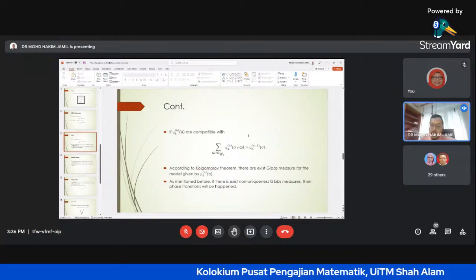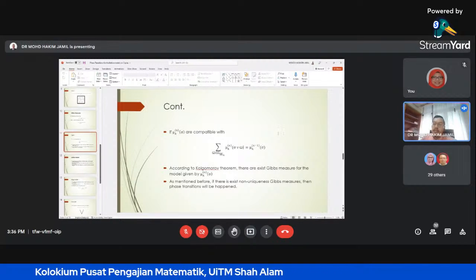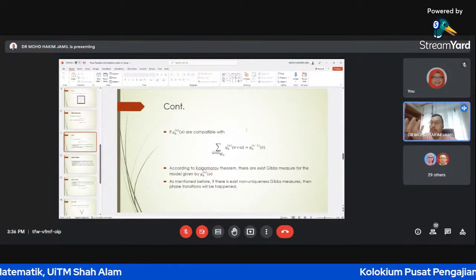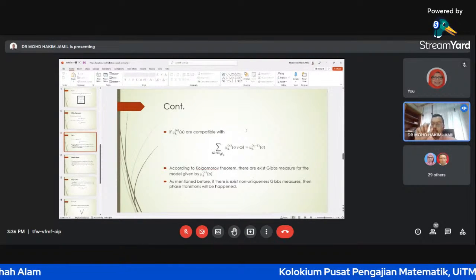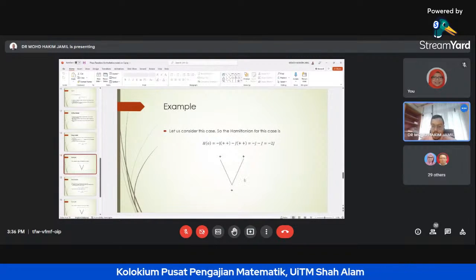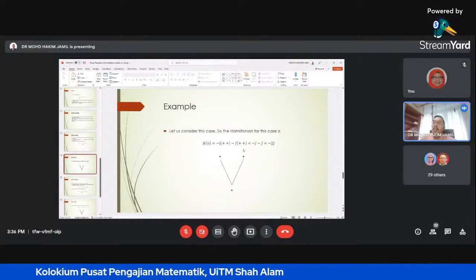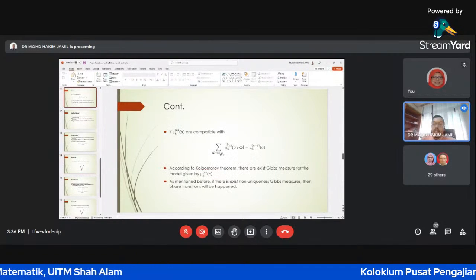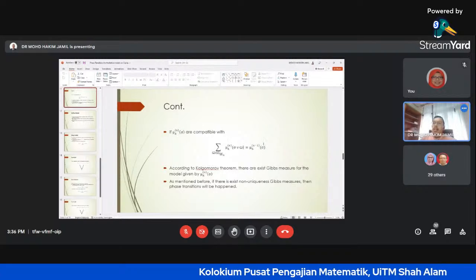So what does this equation mean? We want to prove it for the considered model. So from one measure that we consider, for example, I choose this tree. At least for this tree, we construct the Gibbs measure. Then we need to prove this one.